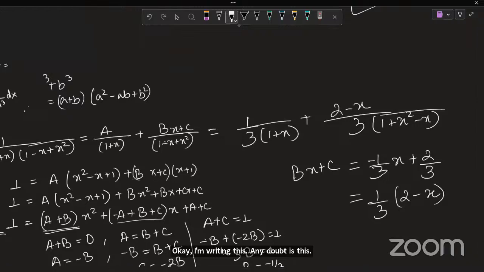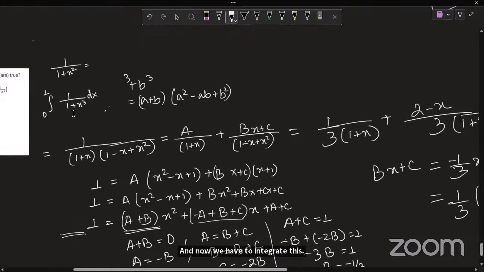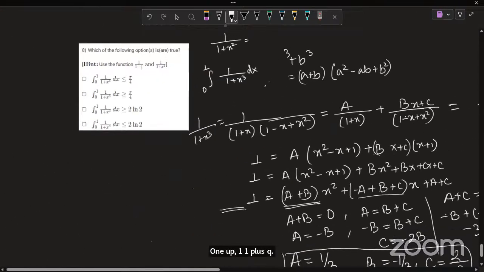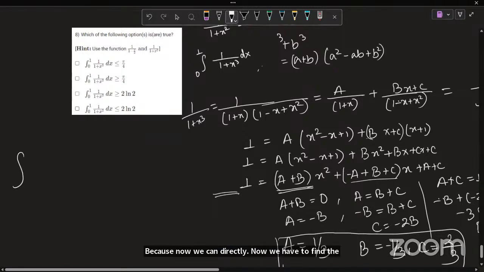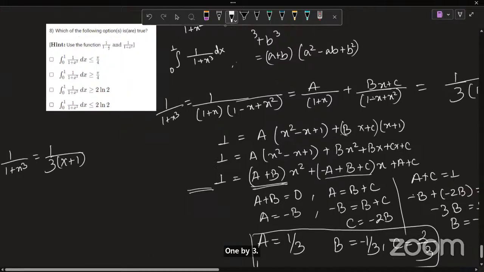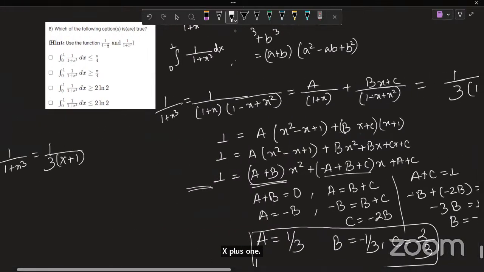And now we have to integrate this one. Now we have factorized this. So 1 upon 1 plus x cube, we have to find the integration of this. 1 plus x cube is equal to 1 by 3 into x plus 1 plus 2 minus x into 1 minus x plus x square, right?